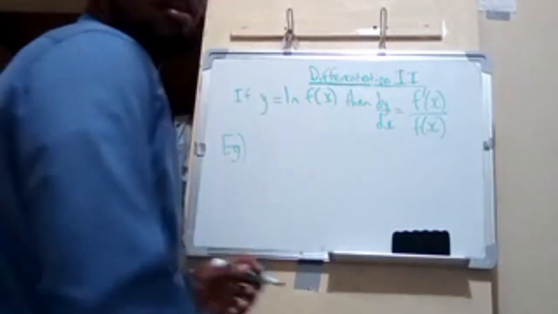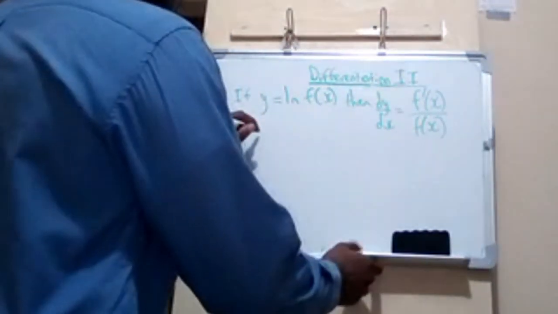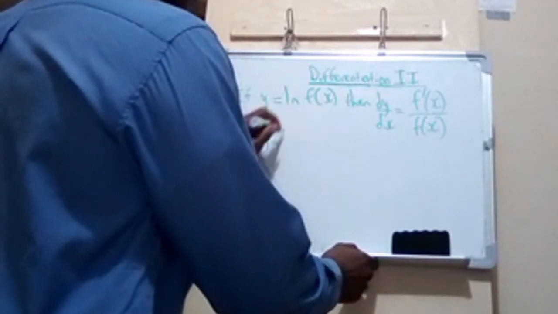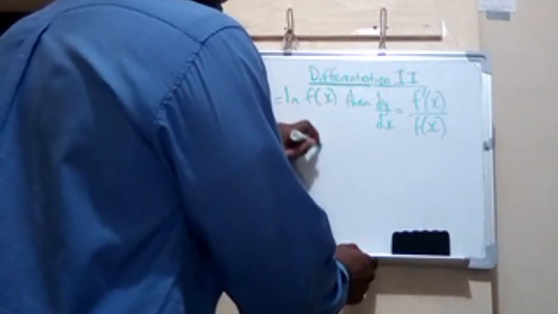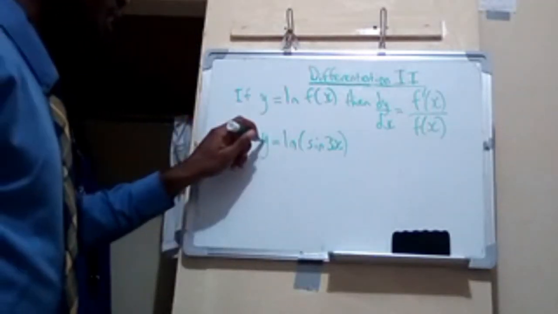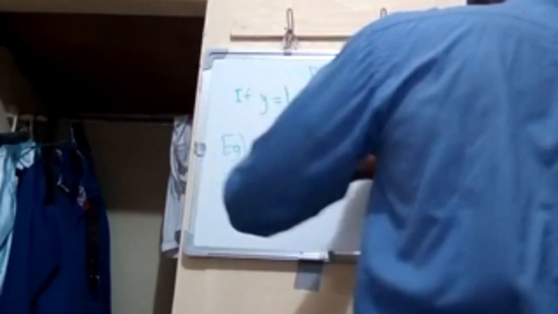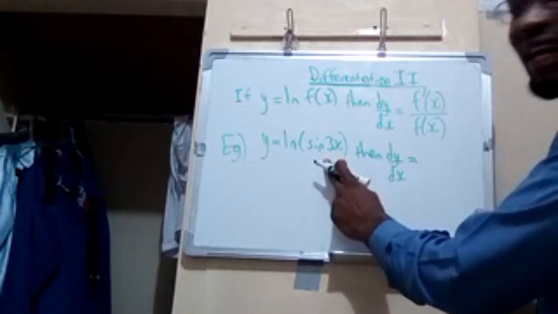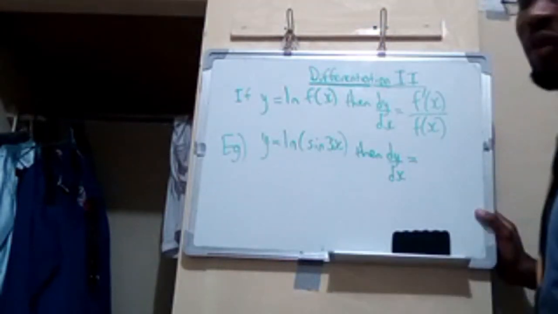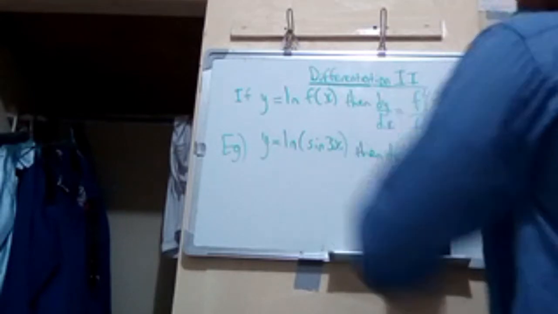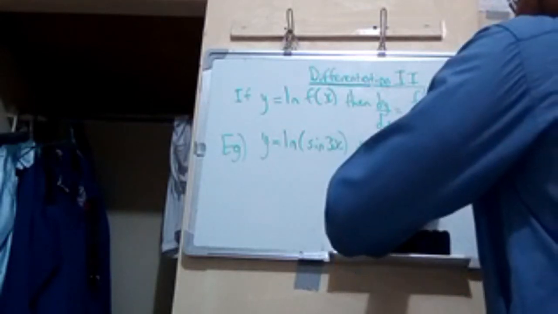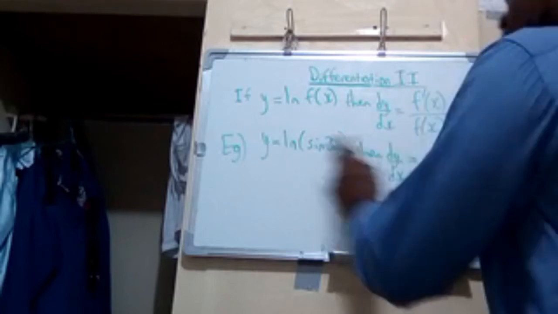So an example is, let's say y is equal to ln sine 3x. So this is your f of x, sine 3x. Then dy by dx is equal to, when we differentiate sine 3x, we get cos 3x times 3.